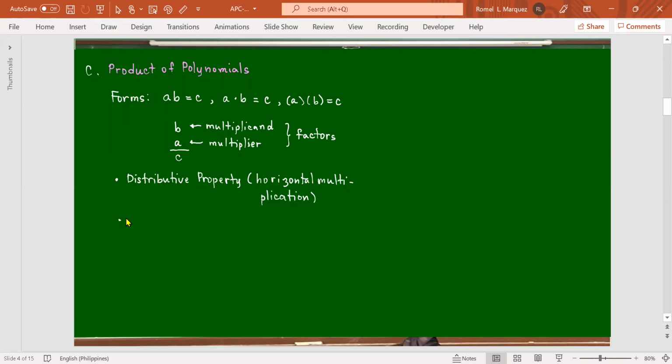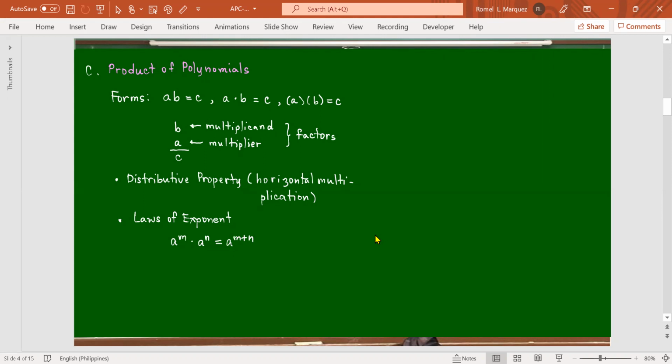And apply, of course, you should know laws of exponents. In particular, if you are multiplying powers of the same base, what are we doing, guys? What are we going to do with this if you multiply powers of the same base?